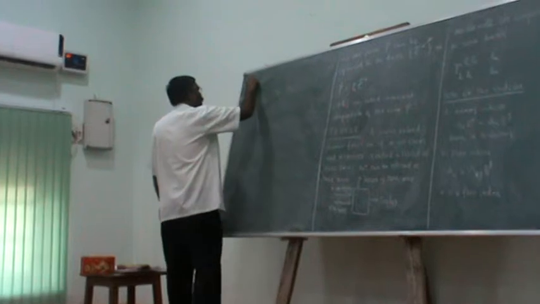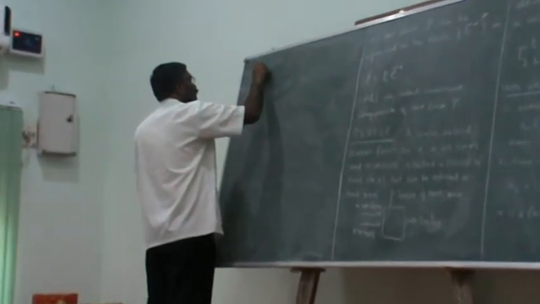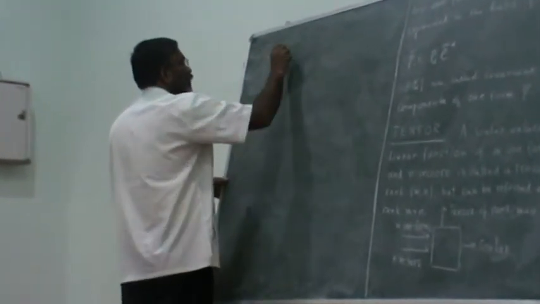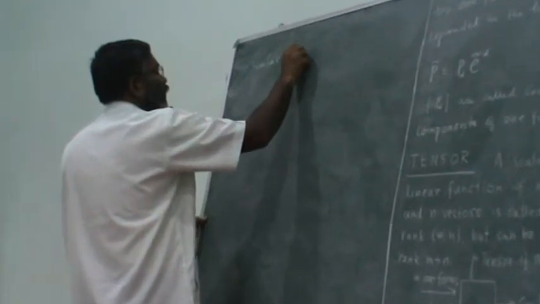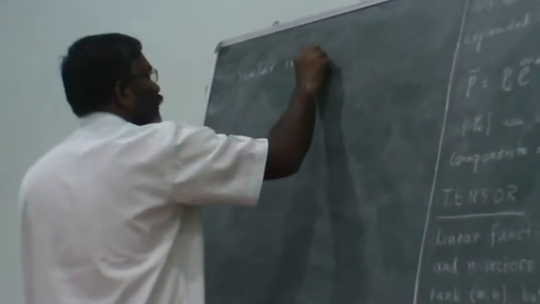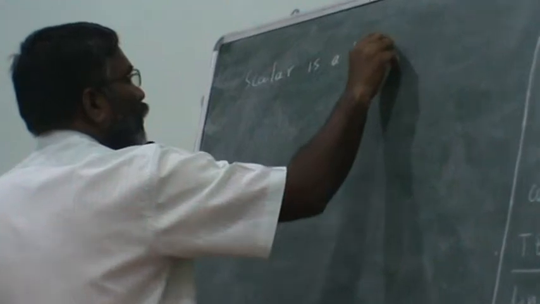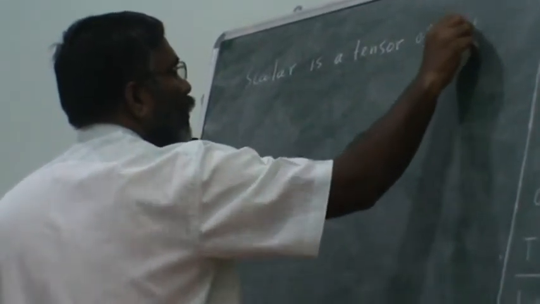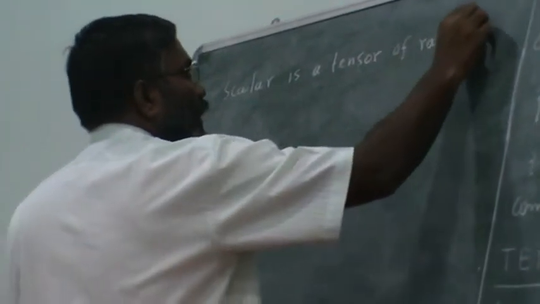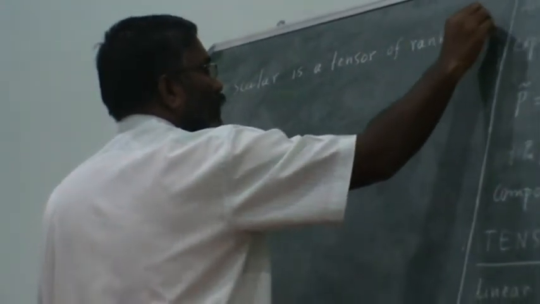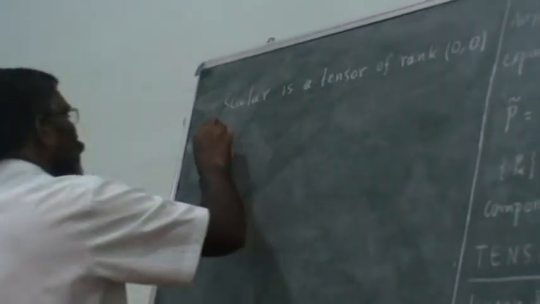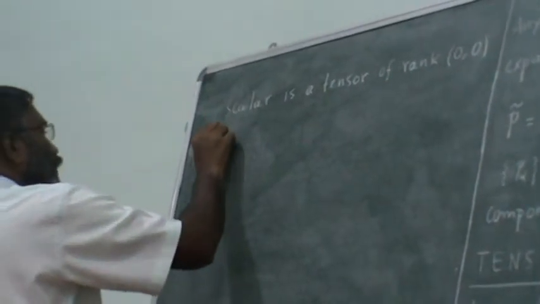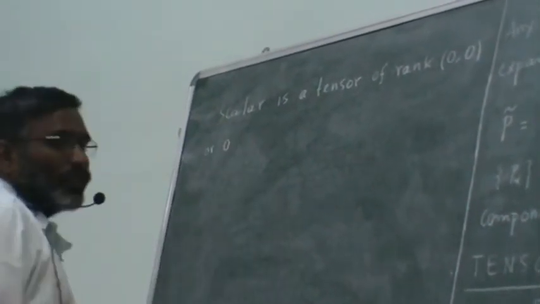So we have scalar is a tensor of rank, I will write in both notations, (0, 0) or 0. 0 is 0 plus 0.